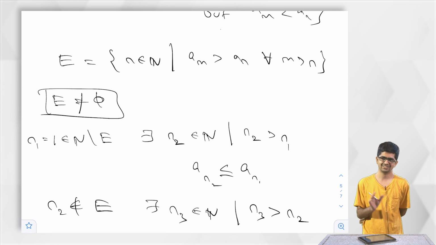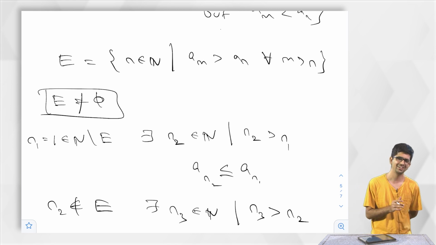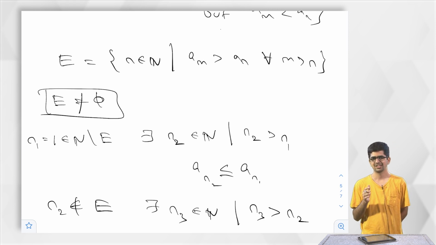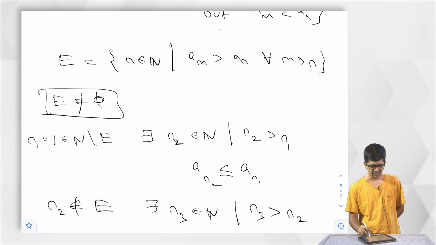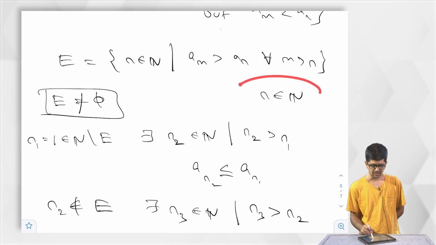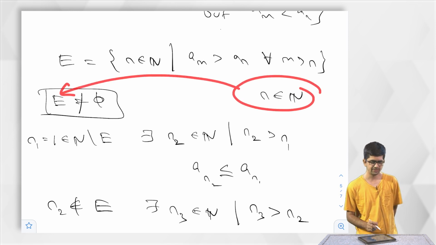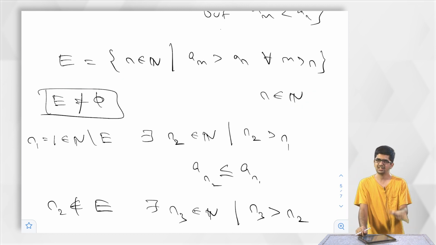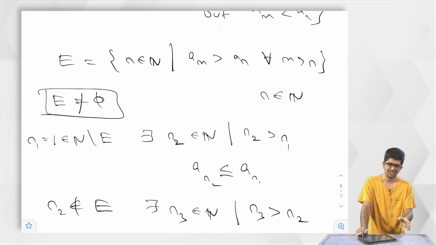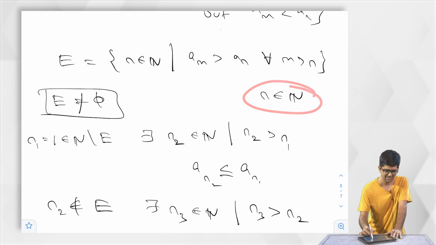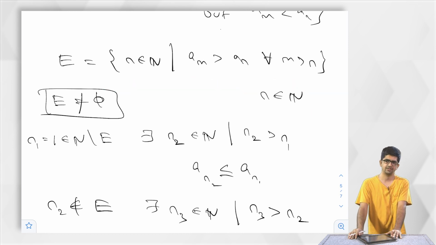Because E is a finite set, after some finite steps, we will reach a stage where I have an element n belonging to N such that this n is not an element of E. E is a finite set, N is not a finite set. So, after a certain stage, I get an element n belonging to N such that n is not an element of E.